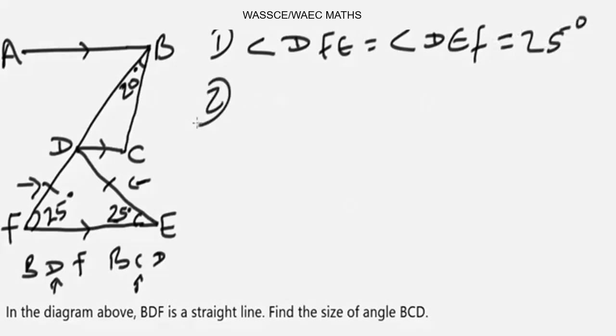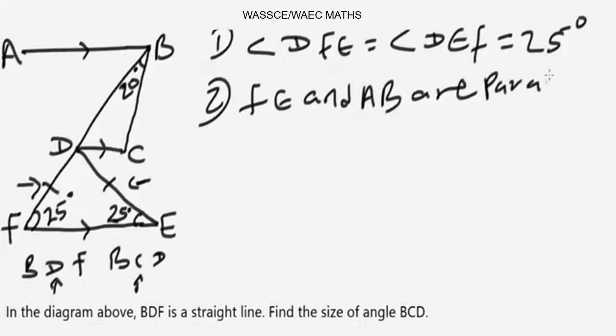Now the second fact we need to establish here is that FE and AB, if you check carefully, are parallel. The line FE, this is FE, and the line AB are parallel because of this arrow we have here. So it shows that they are parallel.